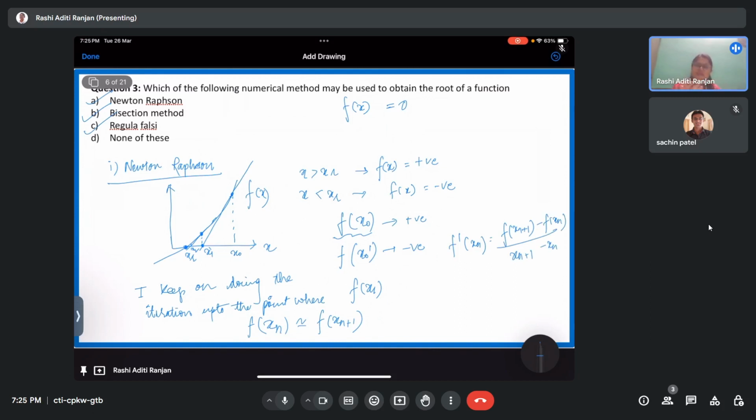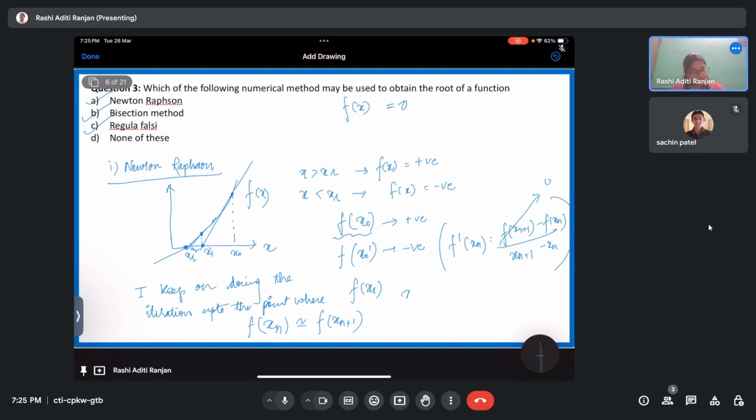This same concept is being used to find out the relation. I draw a tangent over here and then I find out the value of x1. If I assume that my value at this x1 is 0, then this thing is going to go to 0. Correct.